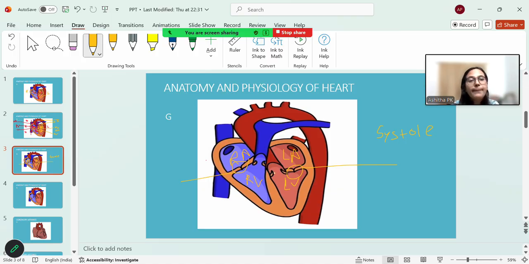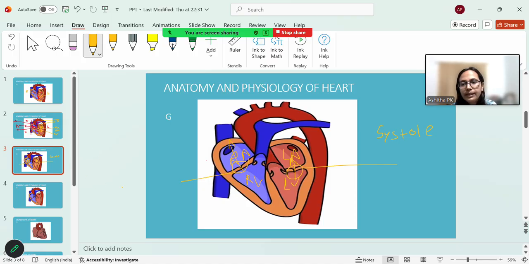The left ventricle pumps blood to the aorta. So at that time, these valves will be closed in order to prevent the backflow of the blood, otherwise the blood will flow in the opposite direction.